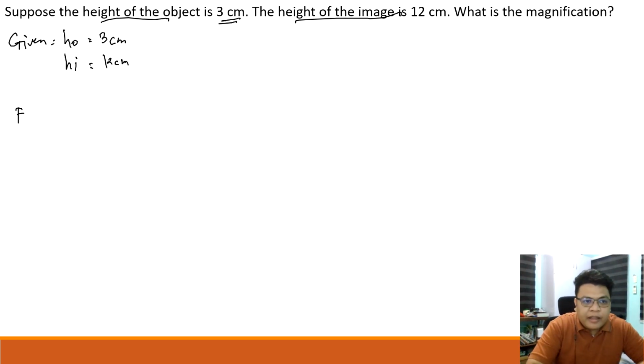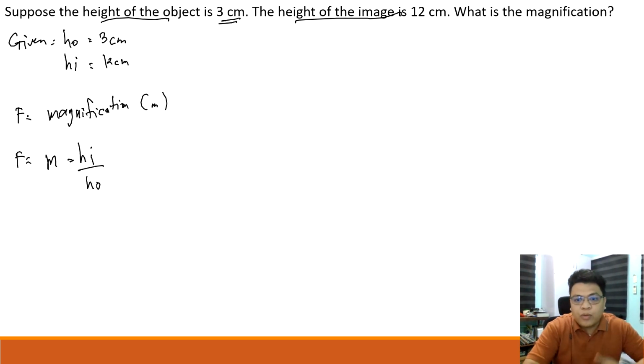And we need to find the magnification, or M. And the formula for our word problem, because we are given height, is magnification equals HI over HO. So we need to transfer the values for our solution.